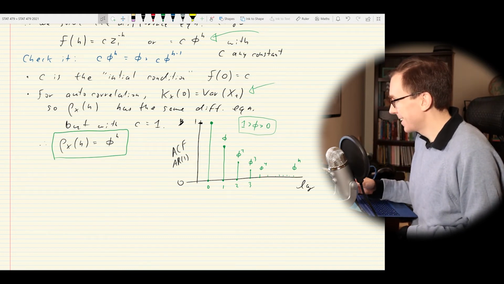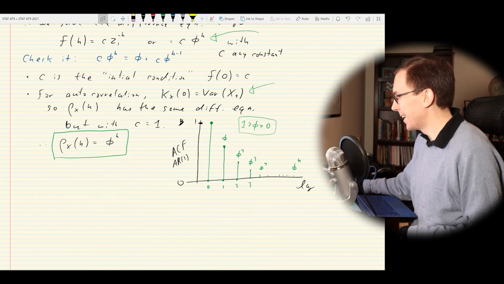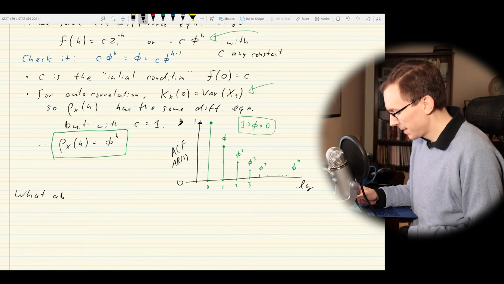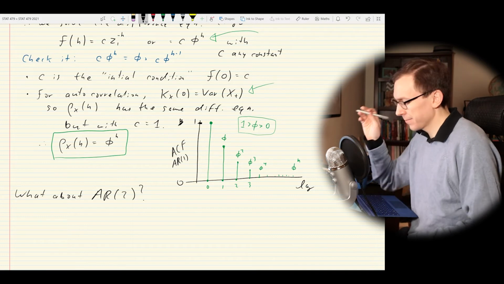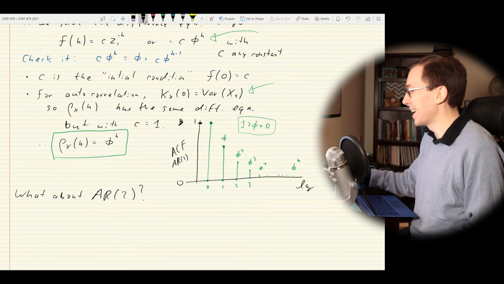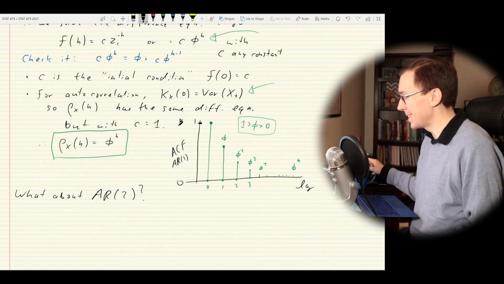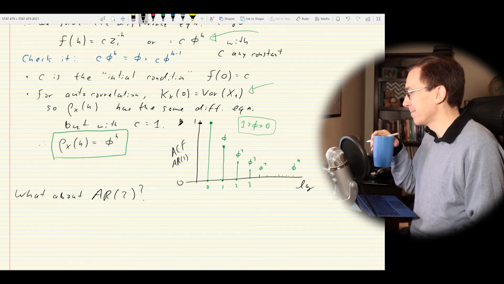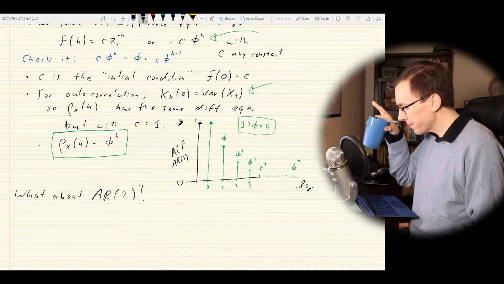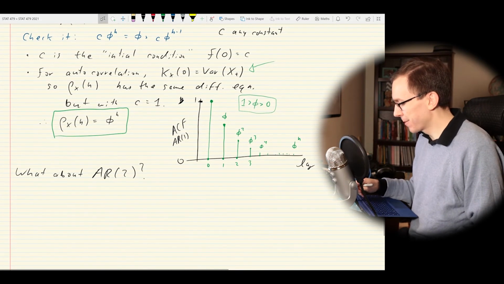Now, what happens if we take this up a notch and look at AR2? Things become a little bit more complicated because now we're going to end up with a second order difference equation. It's a little bit harder to work with, but not impossible, so we're going to fight our way through it.